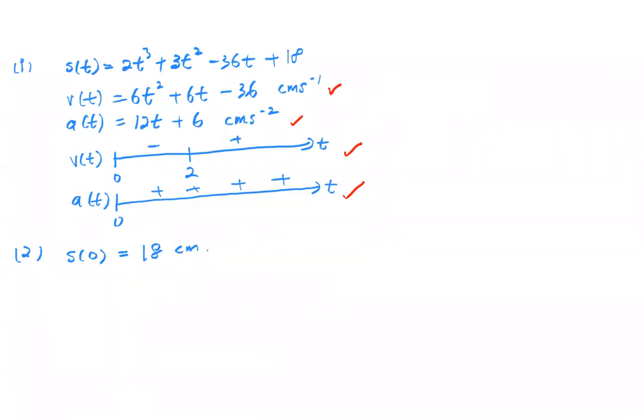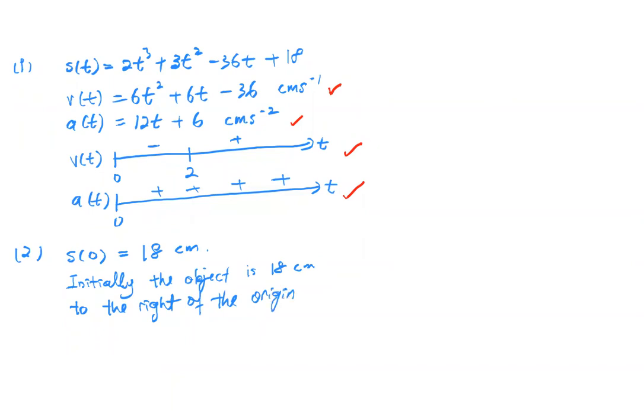So if they ask you to interpret, I have to say: initially, the object is 18 cm to the right of the origin or fixed point.